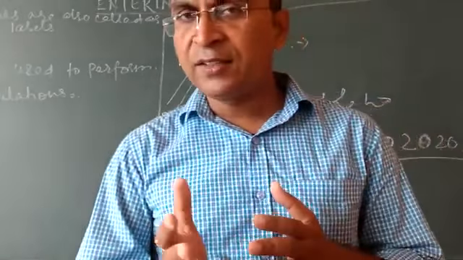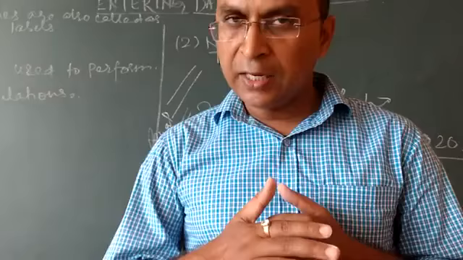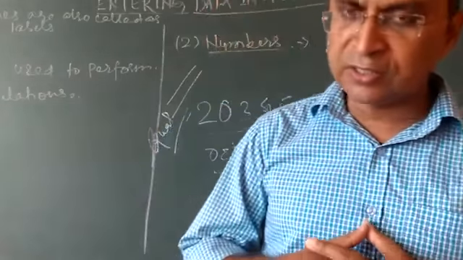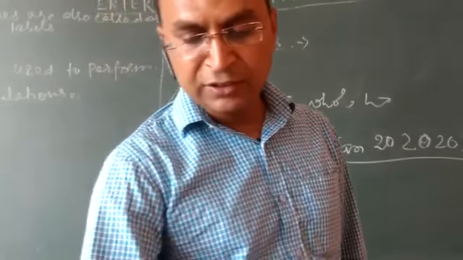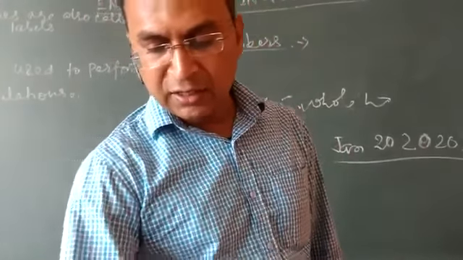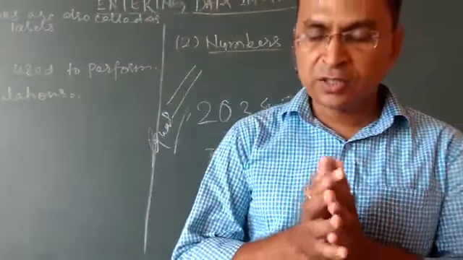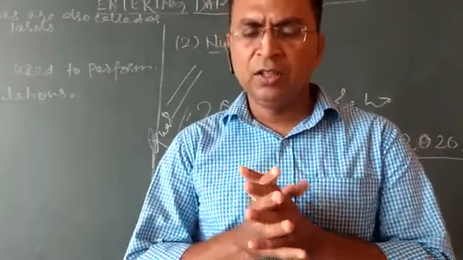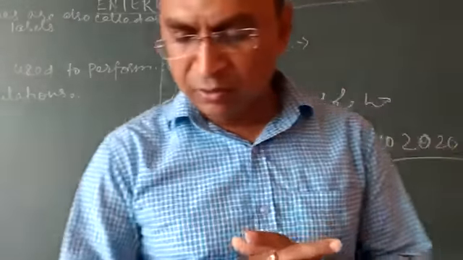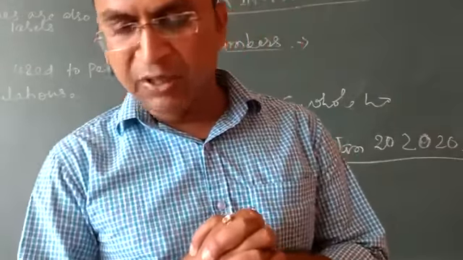So first of all, the formula starts with the equal sign: equal to SUM C5 colon C9. C5 is the cell having the first value, and C9 is the cell having the last value.